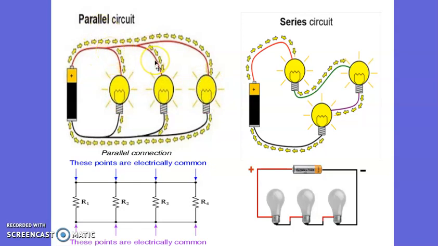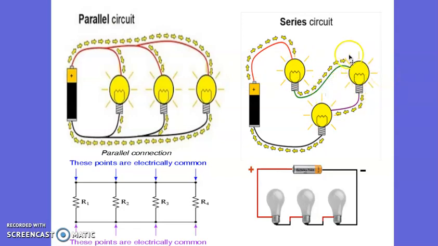of electrical charge. Here, we have a series circuit. There's only one path of electric charges here, meaning that if this one is broken or busted, these two here will not work. Why? Because it's broken here. There's only one path. The electric charge will stop in here.